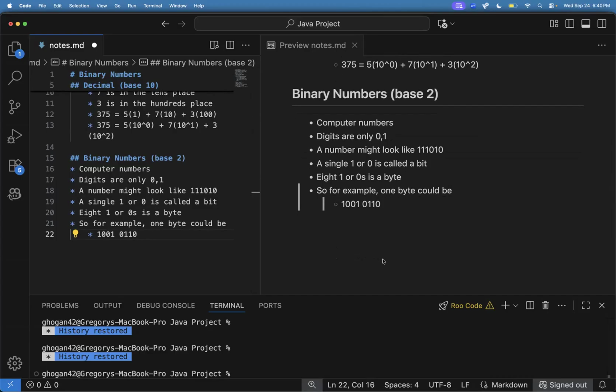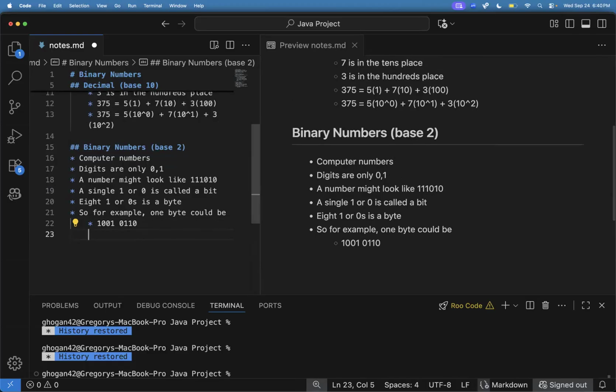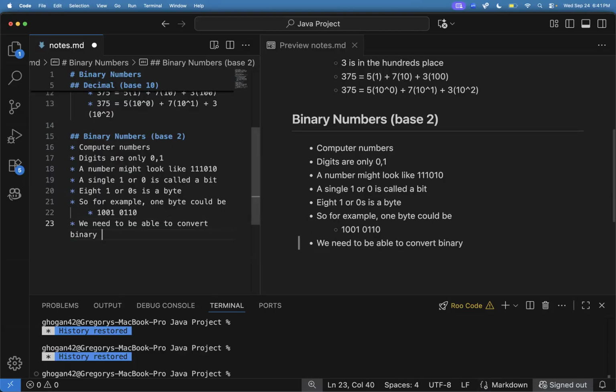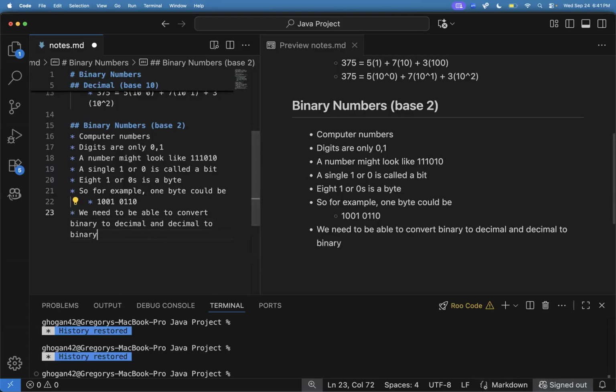Now, because all these numbers in the computer are represented in binary, we need to be able to write our normal numbers in binary or our binary numbers as normal numbers. So we need to be able to convert binary to decimal and decimal to binary, right?